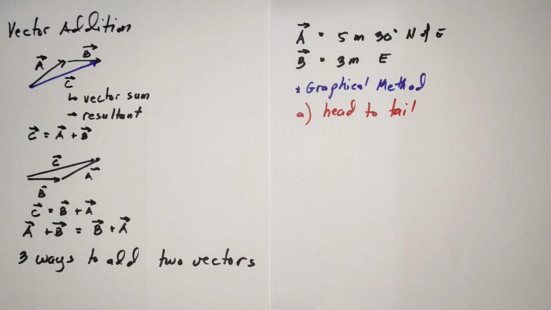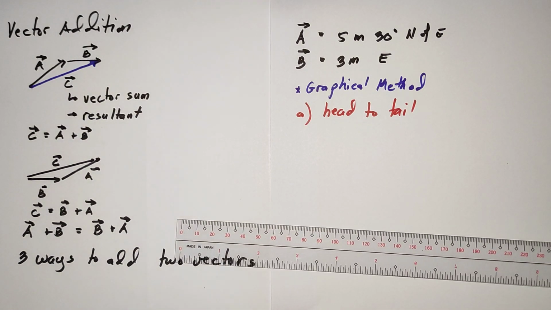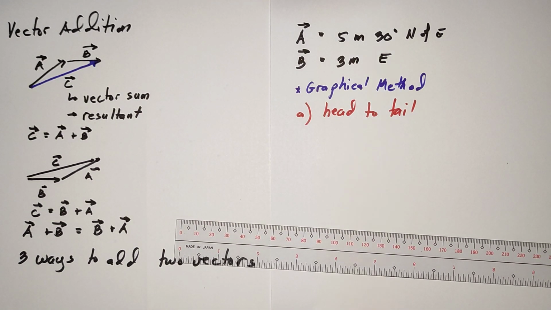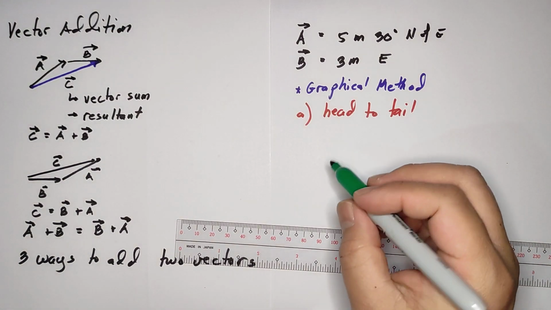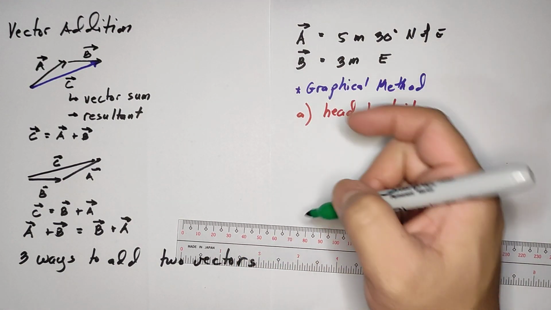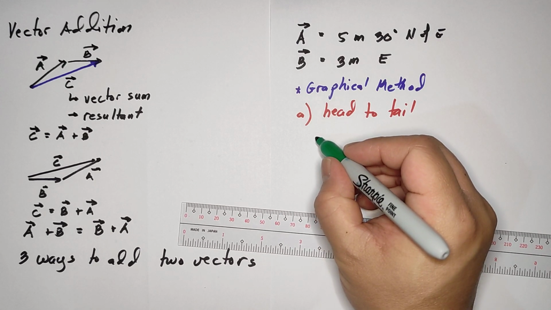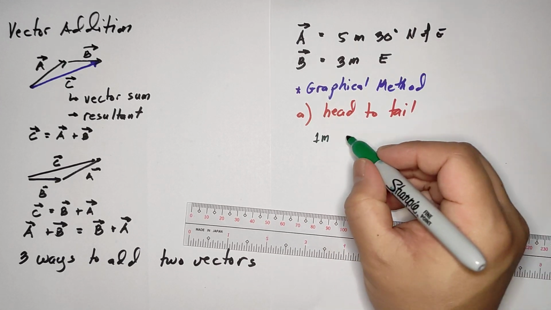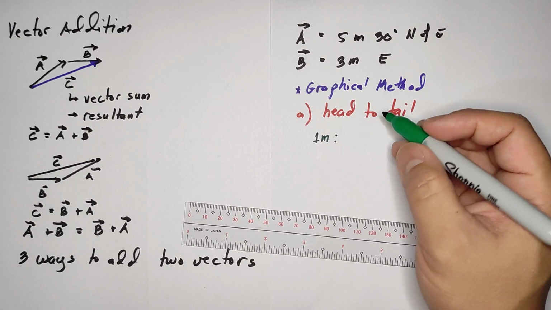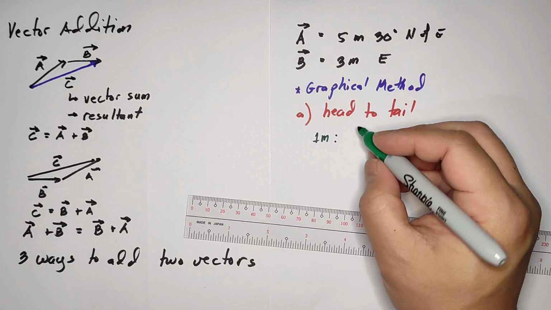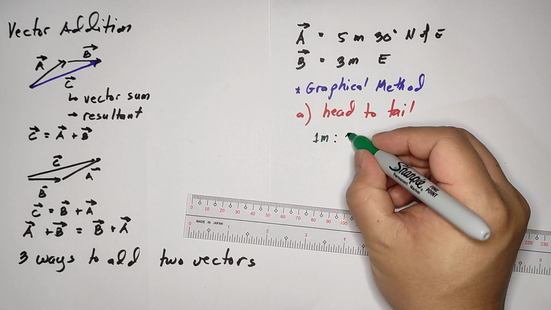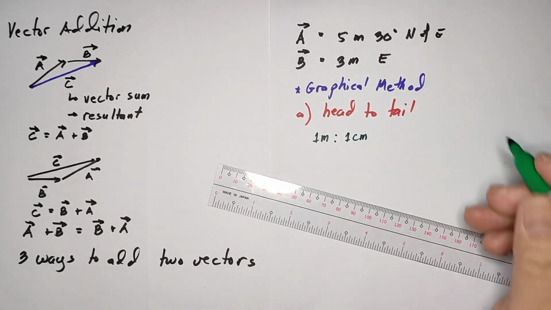Now for the graphical method, you should have a ruler, and you should have a scale in the sense that this is meters, so I would say that 1 meter is equivalent to, in my paper, 1 cm.